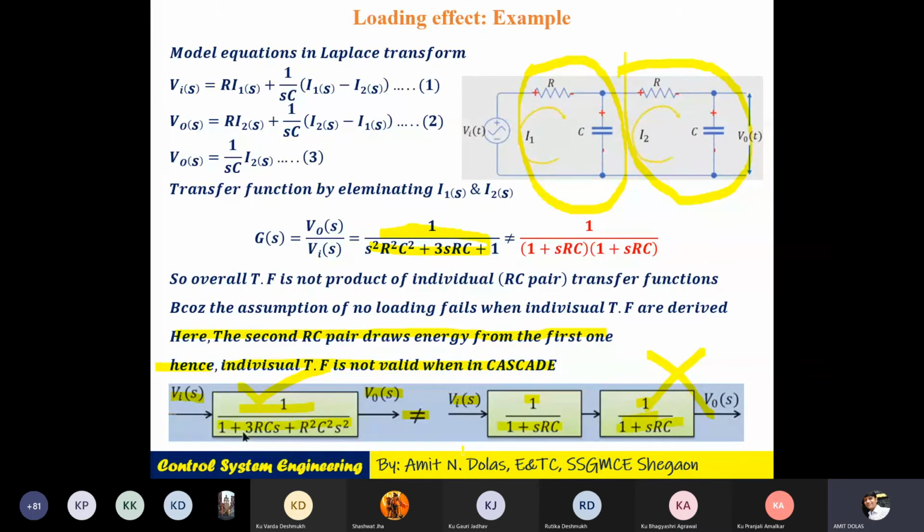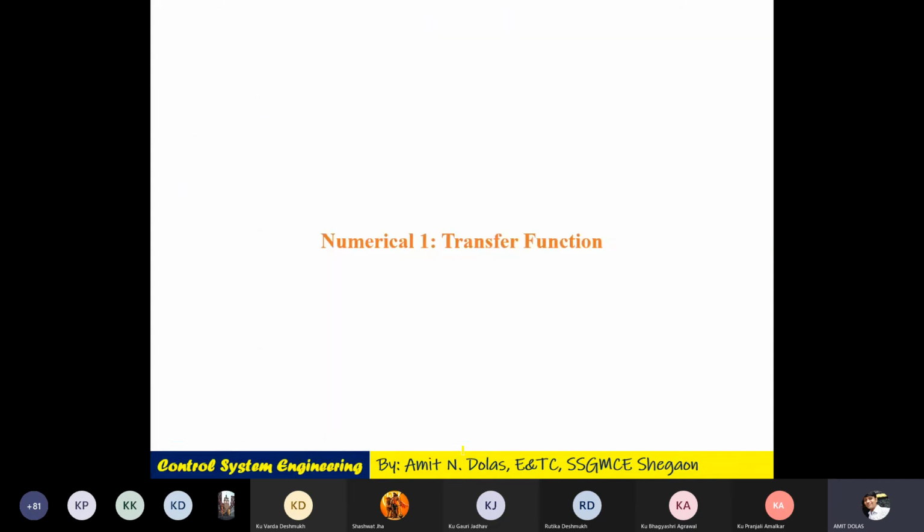Now further, I have near about 17 examples wherein we'll only solve the numerical and accordingly state the stability, whatever is asked in the problem definition. So starting with numerical 1, it is 1148. जितने numerical होंगे अभी, we'll cover those numerical and we'll exactly stop at 1155 or 57 somewhere before 12.